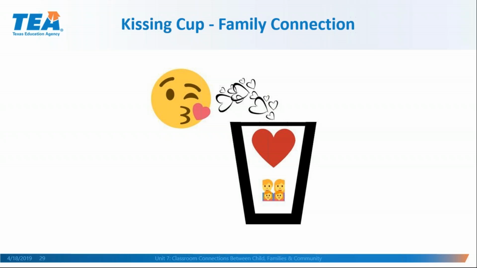Believe it or not, I have had a child do this with a parent, and the parent took the kissing cup home. So again, this is a ritual that could be used with all the children, or it could be used maybe with the children that are having problems separating from their significant adult.